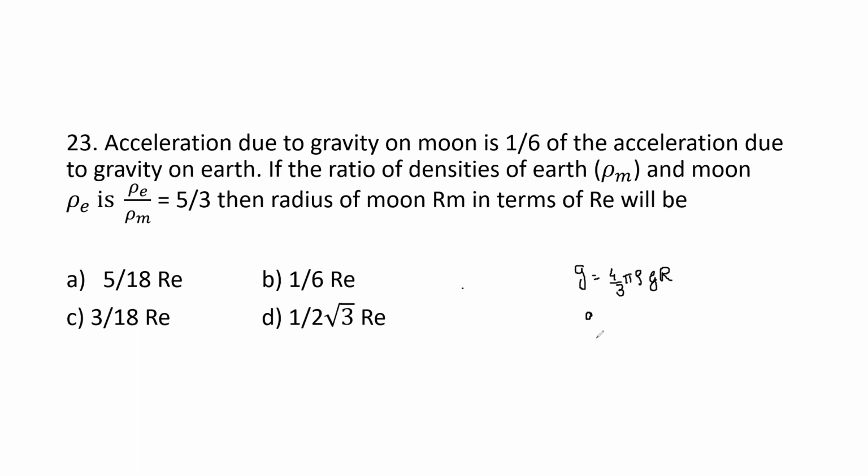From this equation, we can say that g is proportional to density into R, or we can write it as gM divided by gE is equal to rho M divided by rho E times Rm divided by Re. We know the acceleration due to gravity in terms of density is g equal to 4 by 3 pi rho G R.